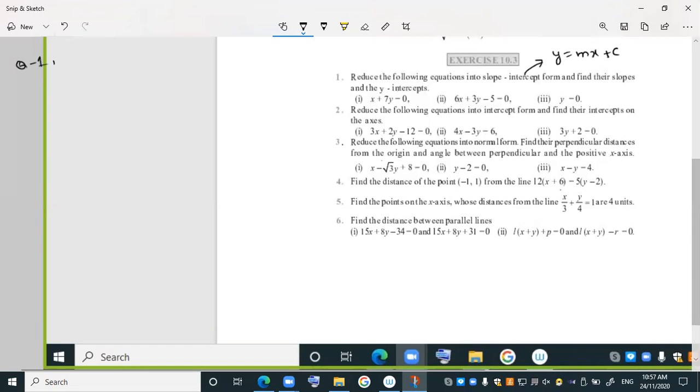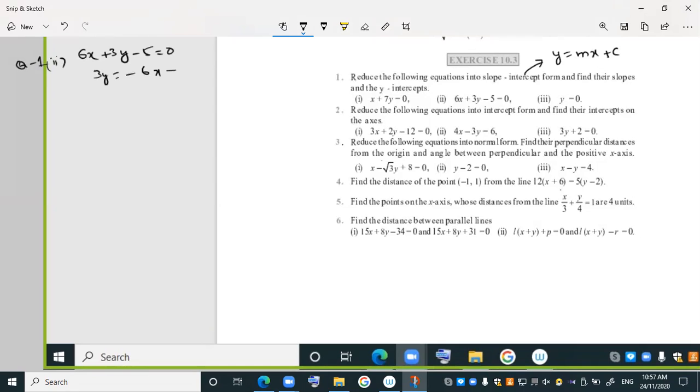Question number 1, second part. So it is 6x plus 3y minus 5 is equal to 0. So we have to convert into this format, y is equal to mx plus c.